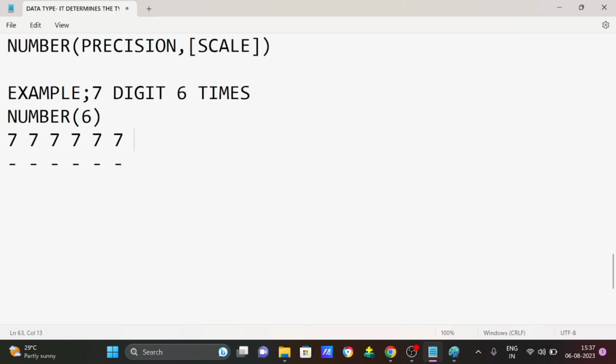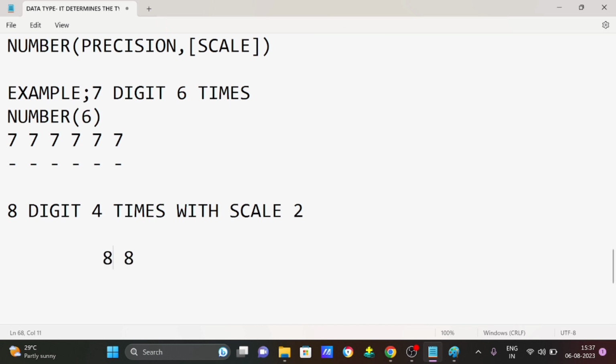And if we consider precision, for example, 8 digit 4 times with scale 2. What does this actually mean? How can we do this? Now 8 digit 8, 4 times we need to print, right? 8 8 8 8.